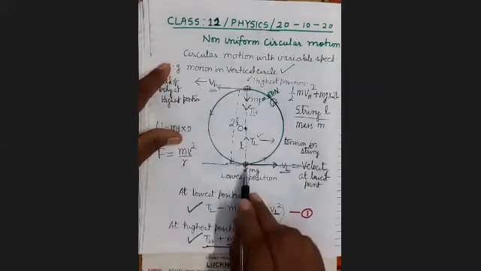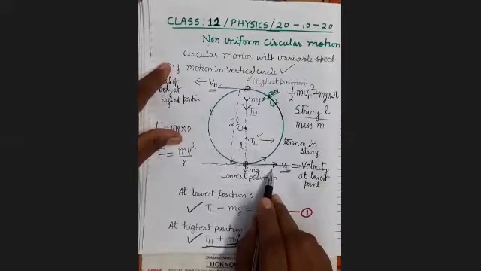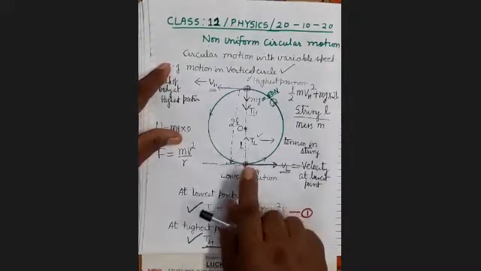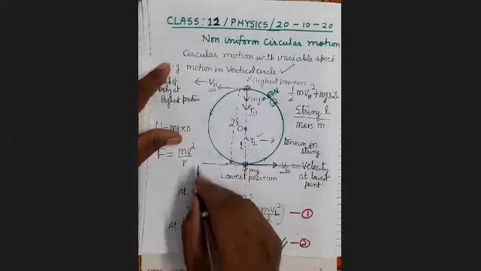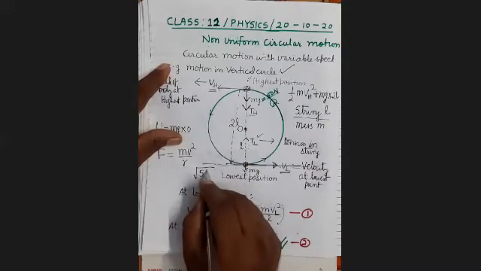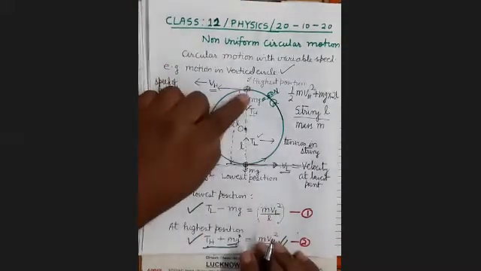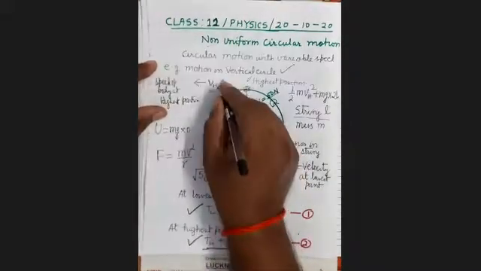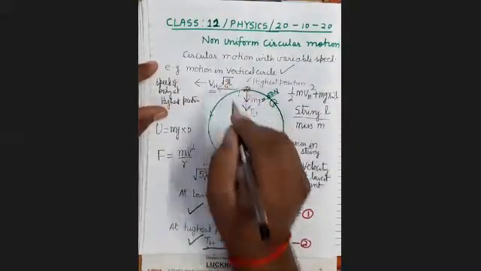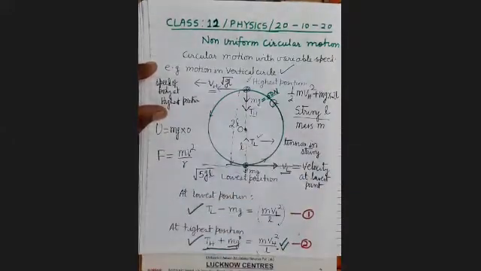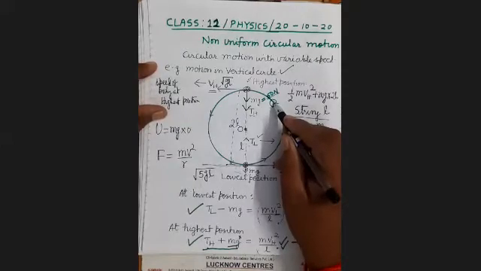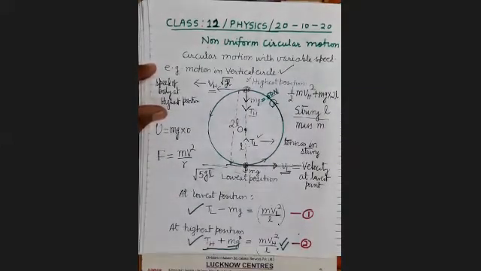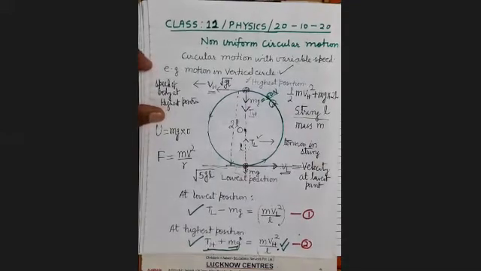And if the speed of the body at the lowest point becomes less than root 5GL, then the speed at the highest point will be less than root GL, and the body will not be able to complete the circle. It will fall down somewhere here on reaching. It's clear?